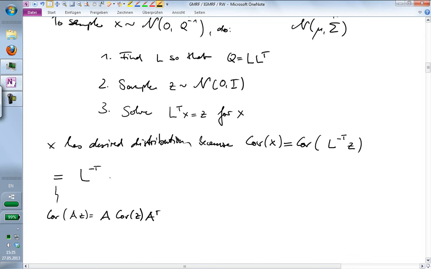So this is going to be L to the minus T times, well, the covariance of Z is just the identity matrix, because this is how we generated Z, times L to the minus 1.